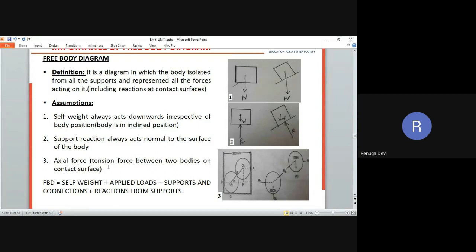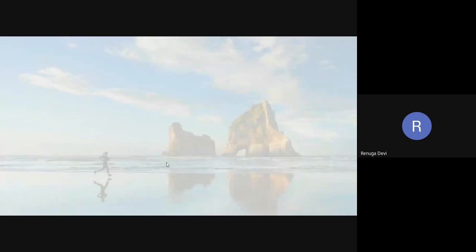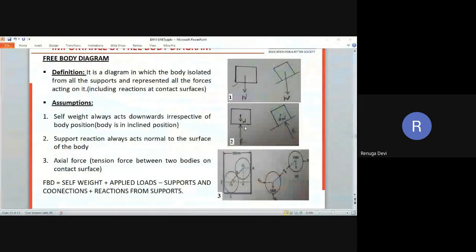The third is the force between bodies. I already told you that a force is nothing but an existence in between two bodies. Just see here, this particular body is getting support with this, and the reaction is acting up.